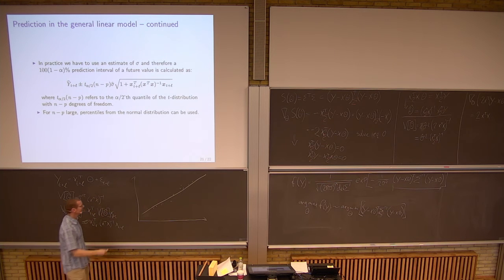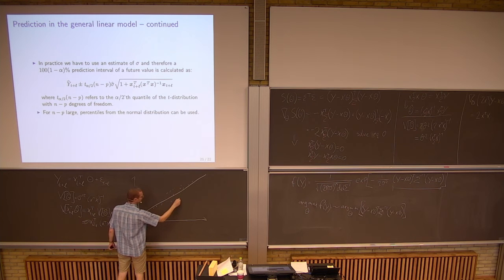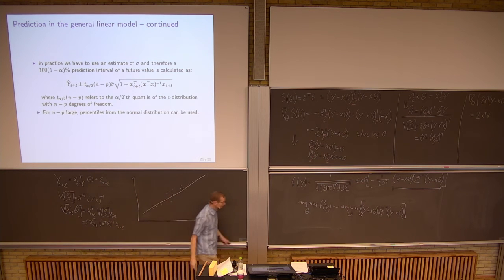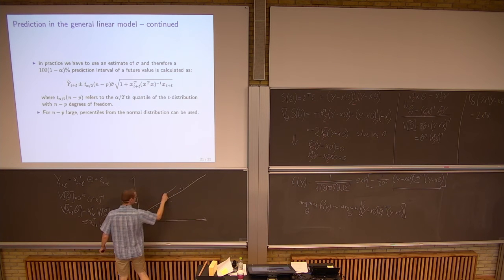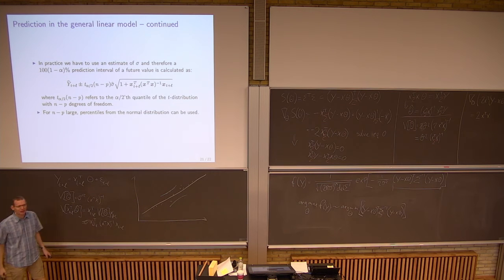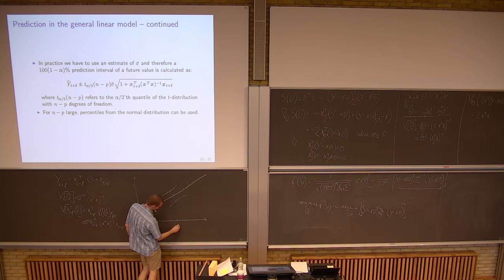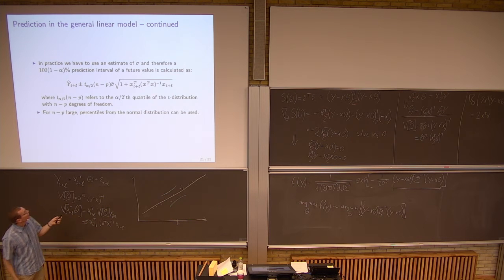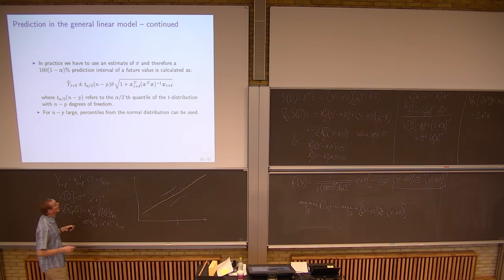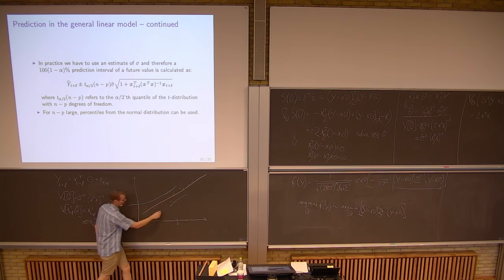If I want to make an estimate, let's say in here, I should take another color. Now I kind of started it a little bit. The further you get away from the mean value of x, the further you get away from that with these values out here, the more uncertain is the estimator.